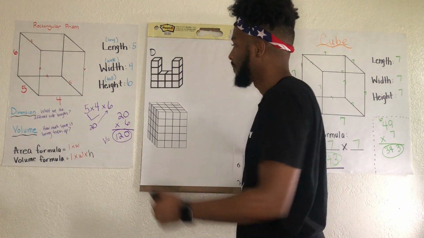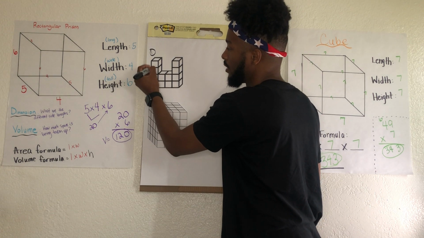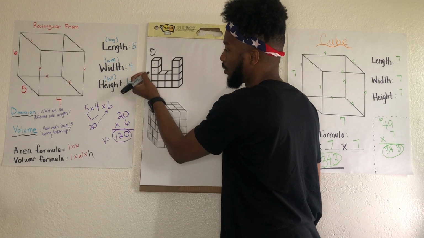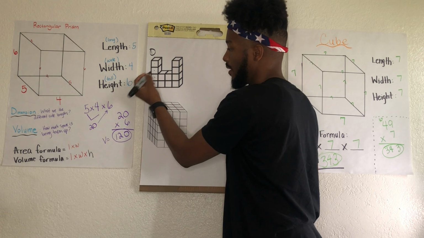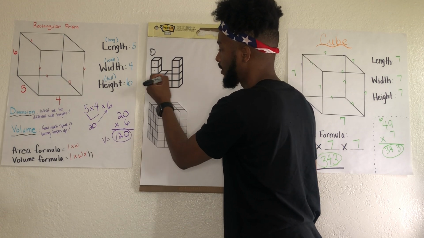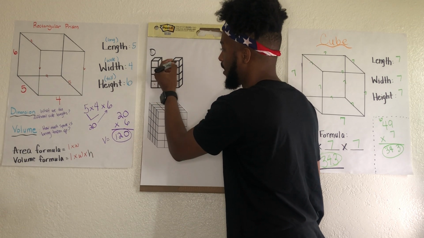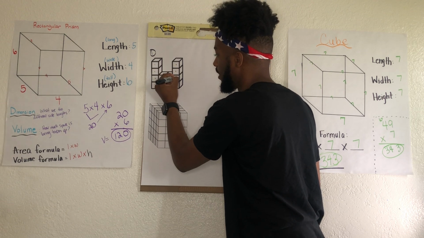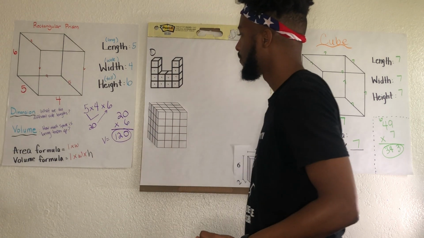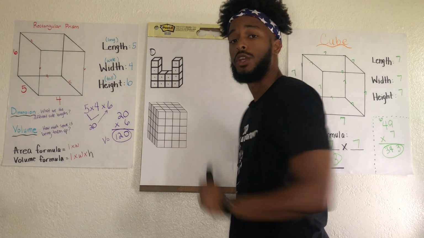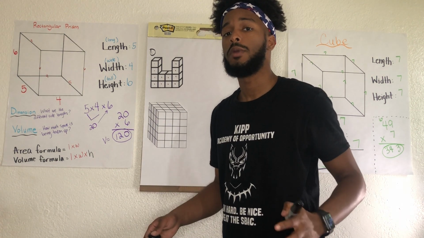So count with me. 1, 2, 3, 4, 5, 6, 7, 8, 9, 10, 11, and 12. So this figure is made up of 12 cubic units.